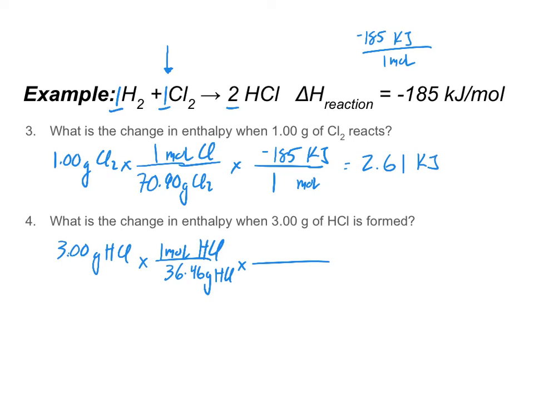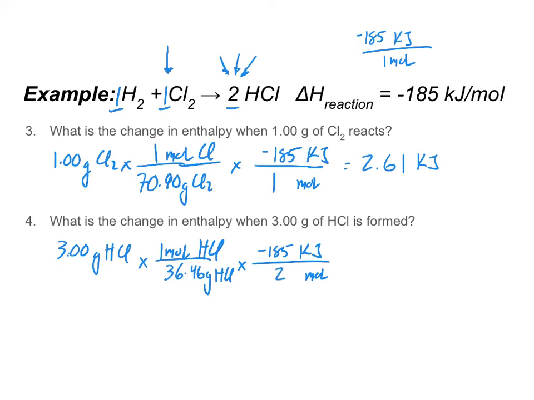And then I'm going to take the change in enthalpy for the reaction, which is negative 185 kilojoules per mole, but this time, because the balanced chemical equation has 2 in front of the HCl, I need to put a 2 there.